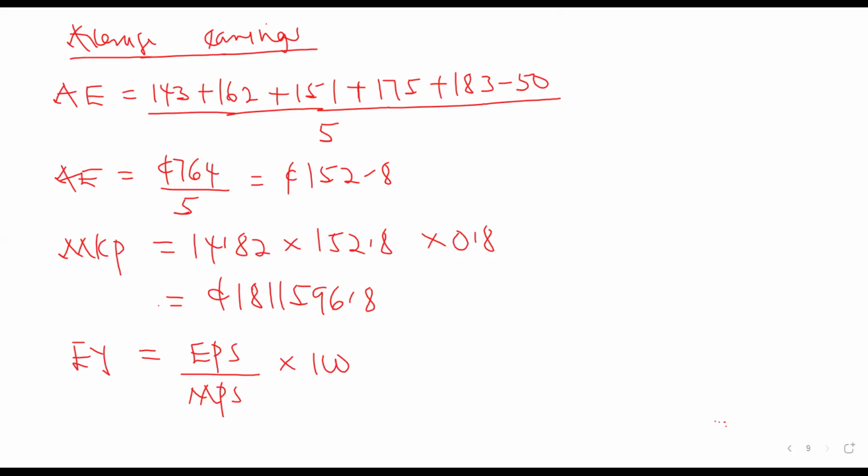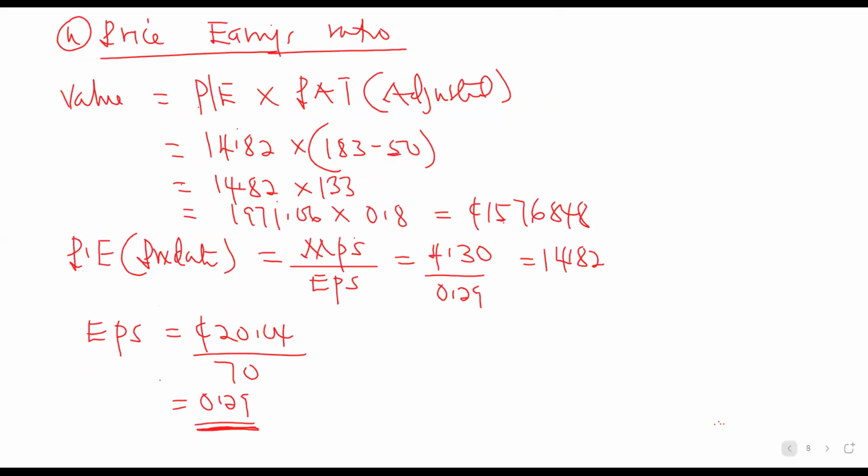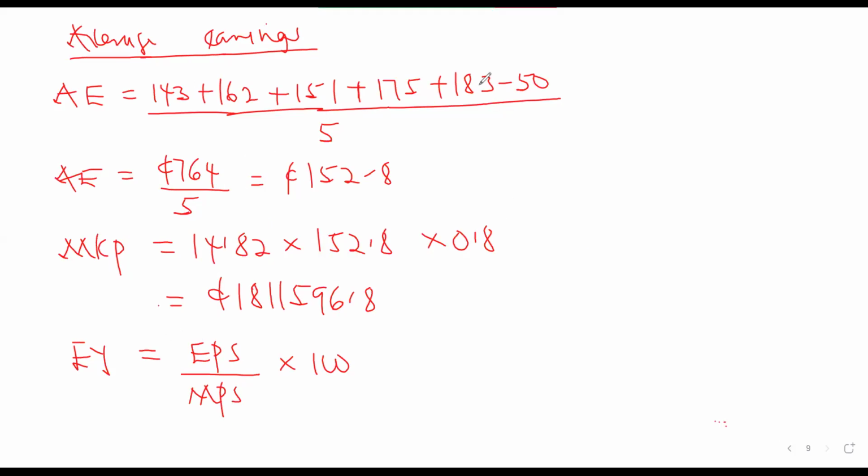All right. So let's use the earnings yield. Our earnings per share calculated was 0.29 for those people. So 0.29 over 4.3 multiplied by 100.